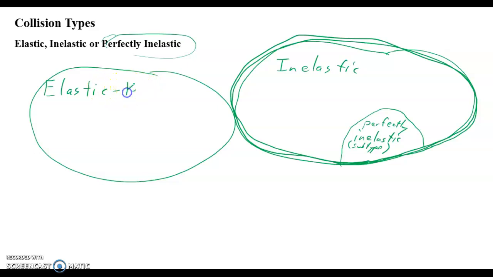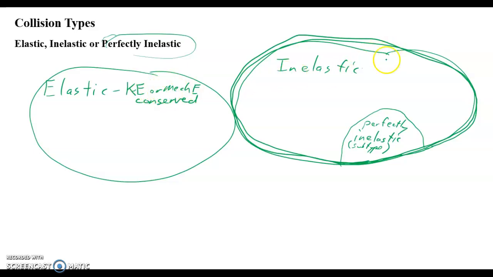Now, elastic: kinetic energy or mechanical energy, and it's said differently in different places, but you're either saying that the kinetic energy is conserved or the mechanical energy is conserved.